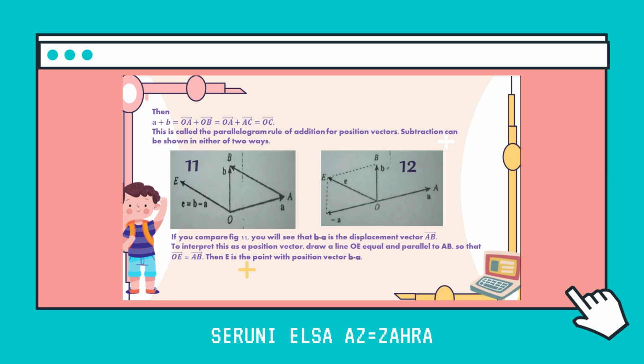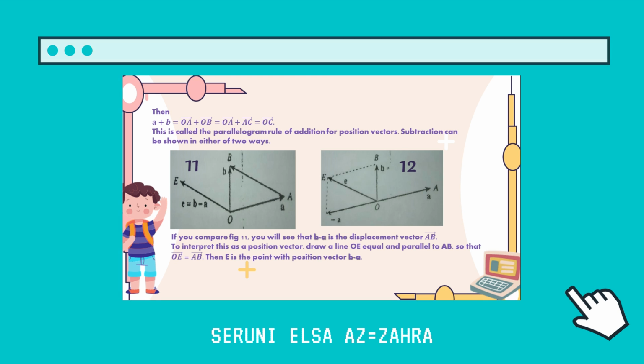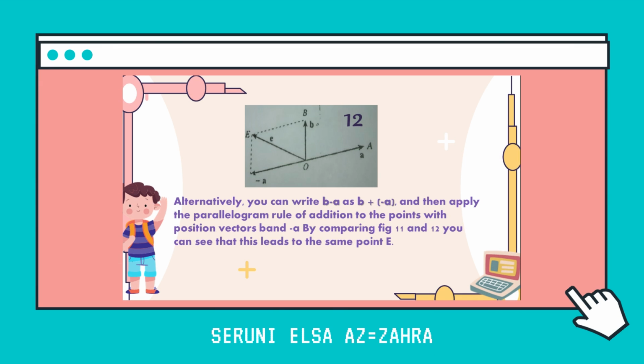To interpret this as a position vector, draw a line OE equal and parallel to AB, so that vector OE equals vector AB, then E is the point with position vector b minus a.